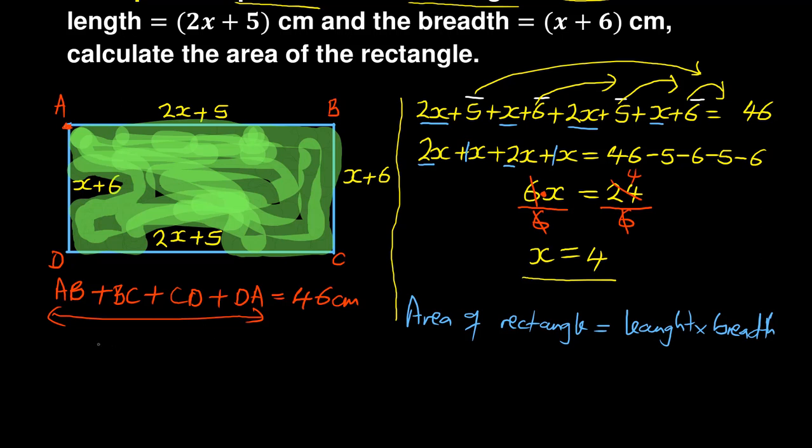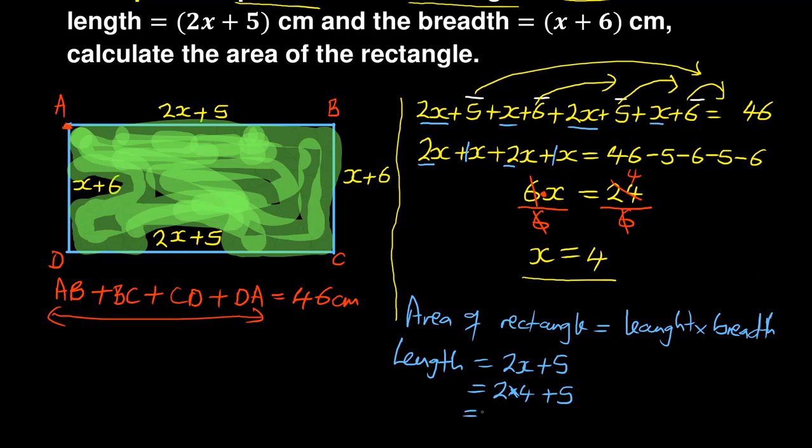Now you need to know what is the length. If you come and say the length, they told us the length was 2x plus 5, and in this case you know what your x is, which is 4, so we can say 2 times 4 plus 5, because we did calculate our x, and then we will get our length.